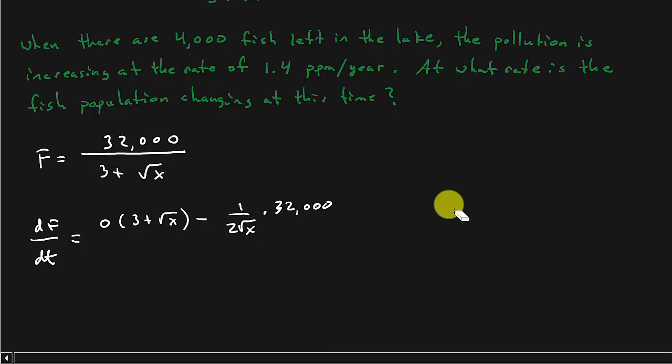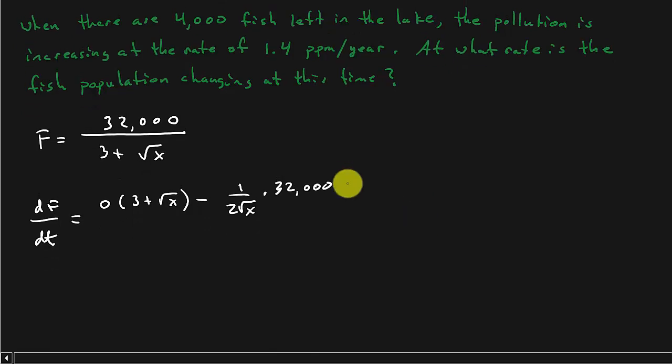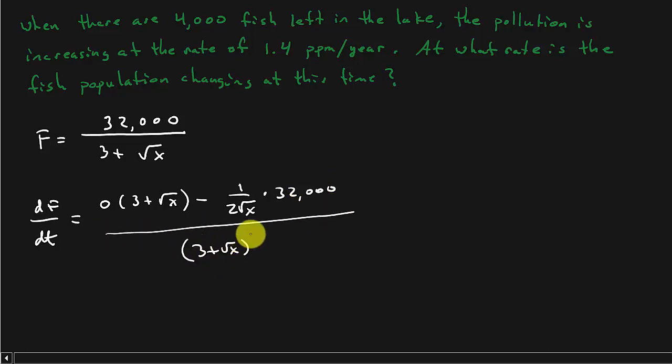That's going to be dx/dt times 32,000. Let's do this, this will be better: 32,000 over 2 gives 16,000, and that is over the denominator squared. So that's the derivative of this, and then remember, times dx/dt. I like that better.